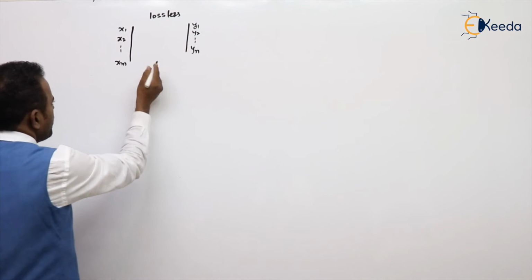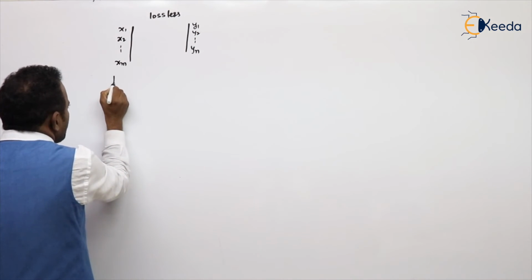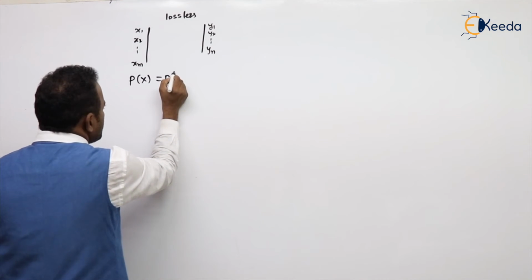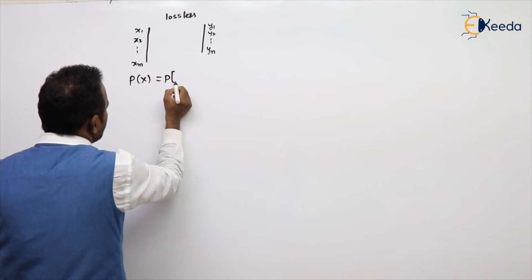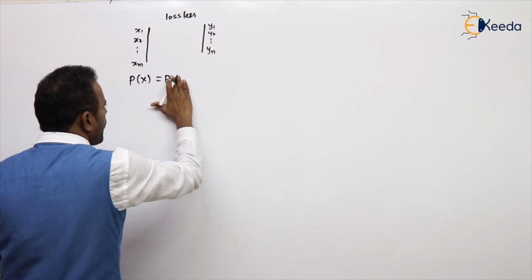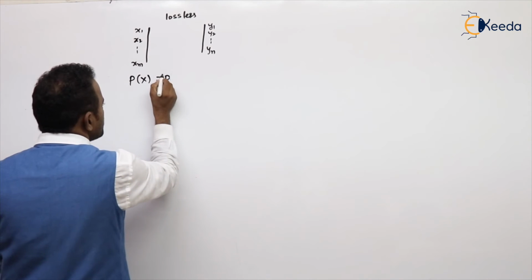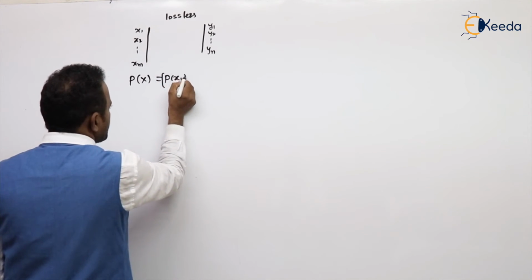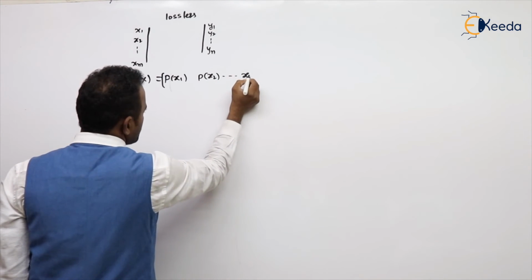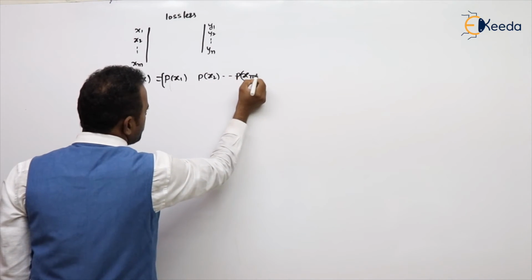Now follow. This is the channel given. What is the input matrix? Input matrix means write input probabilities in order. That is nothing but a row matrix: the probability of x1, probability of x2 and so on, last one probability of xm.